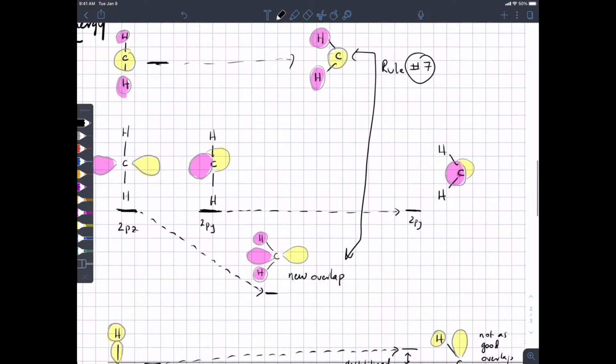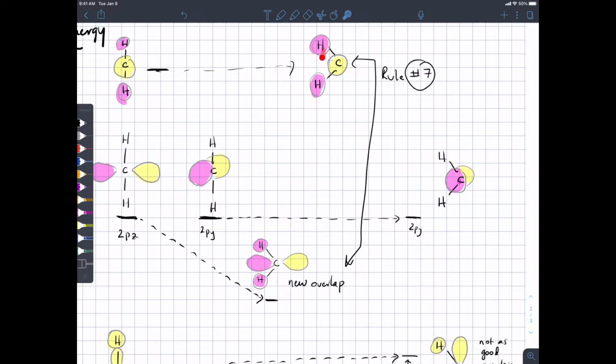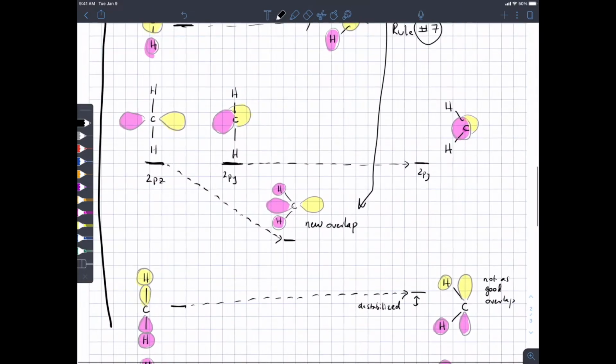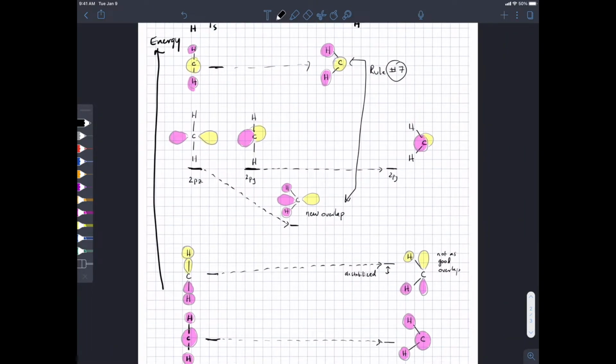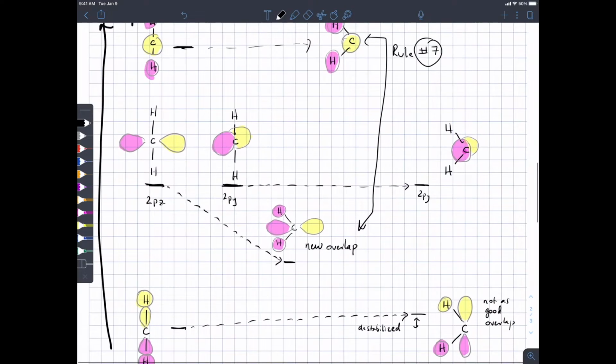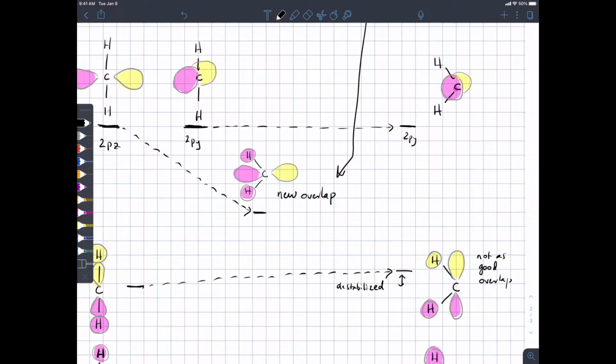And rule number 7 is that when you have two orbitals with the same shape, but they differ in the type of atomic orbital that's on one of the atoms, such as 2s here versus 2pz here, we mix them together to get new hybrid orbitals, as we did going from planar methyl to trigonal planar methyl. When we mix the 2s orbital up here with the p orbital on carbon, we're going to get a hybrid orbital out that looks like this.